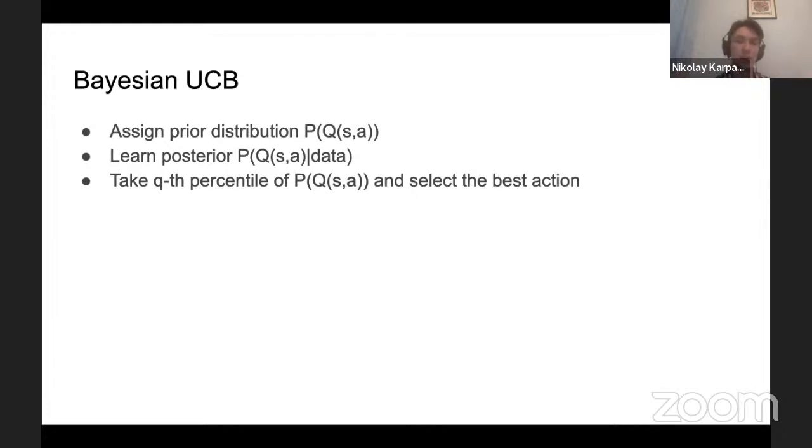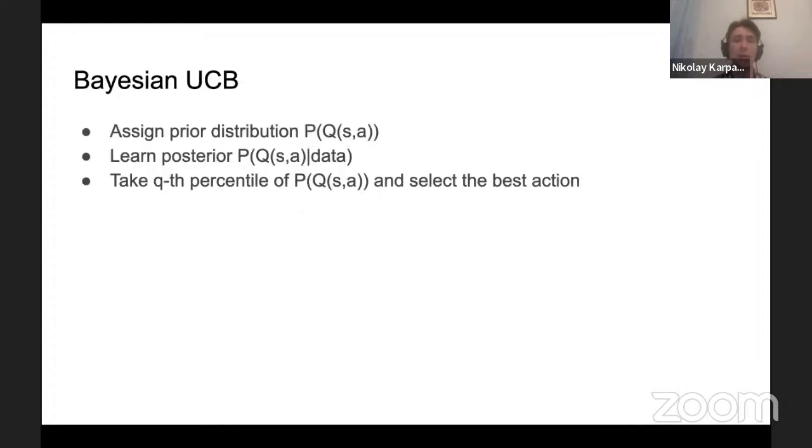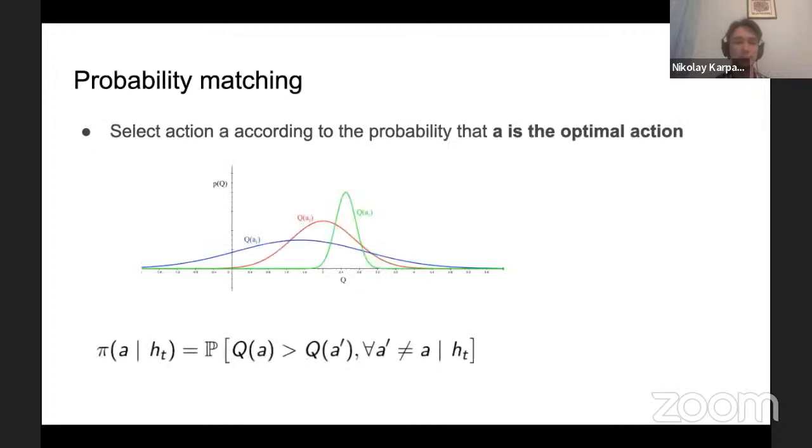So this gives us the Bayesian upper confidence bound sampling, which is the same as simple upper confidence bound sampling, apart from the way that we compute the upper confidence bound. Here we simply compute the corresponding percentile of the posterior distribution, and this is our upper confidence bound.